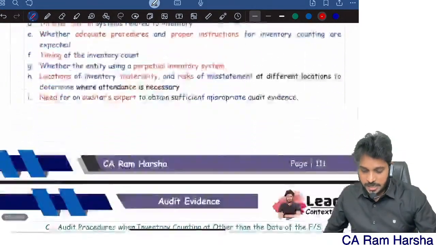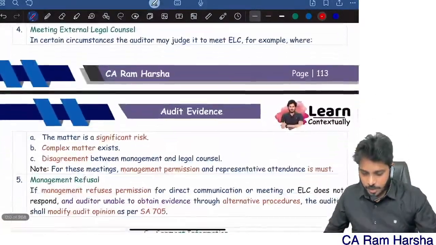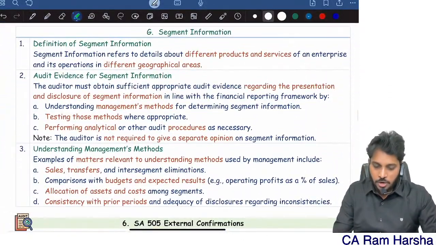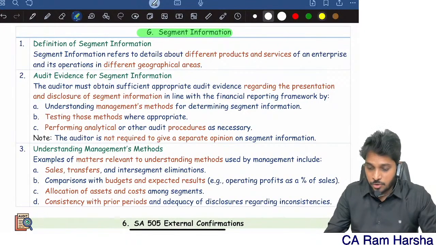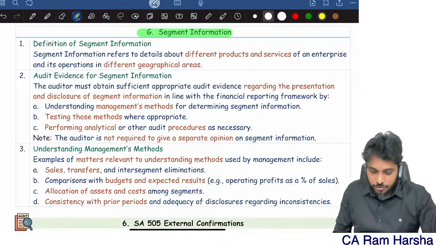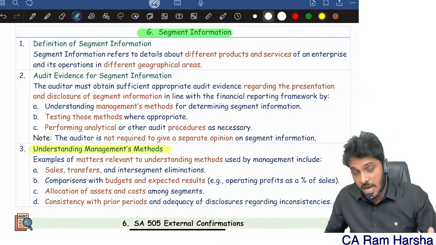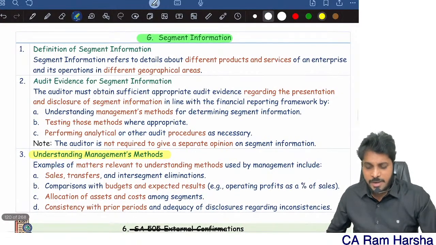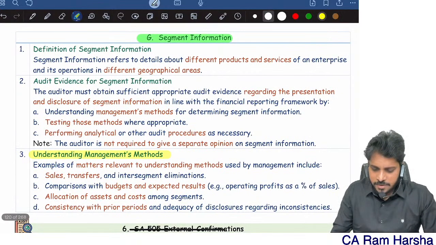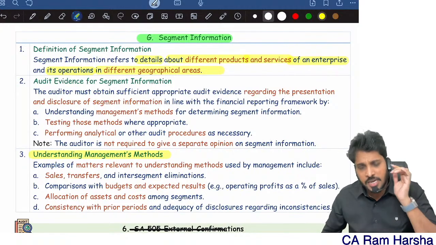Now first let me go to segment information, which is the simplest one. What does the auditor have to get evidence about? In the recent Jan exam also, I think a question on segment information, understanding of management methods, has been asked. Segment information refers to details about different products and services of an enterprise and its operations in different geographical areas.